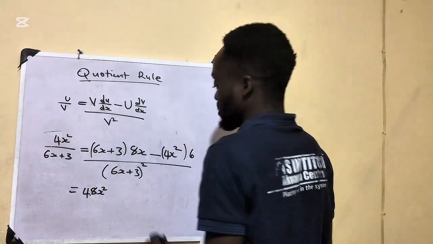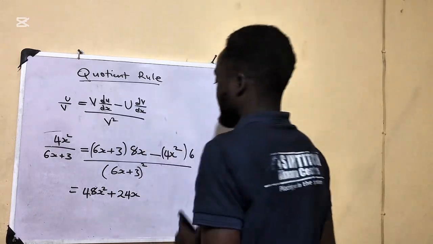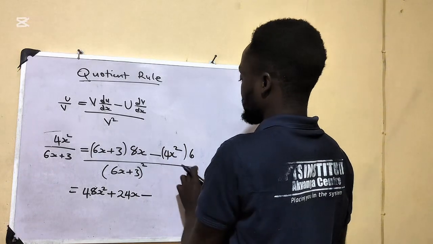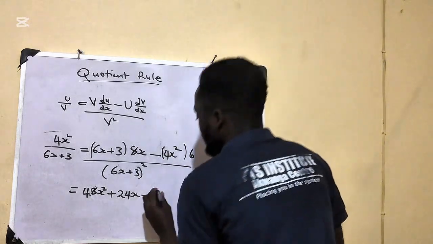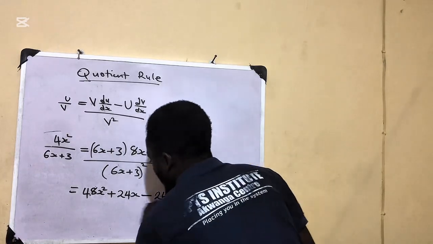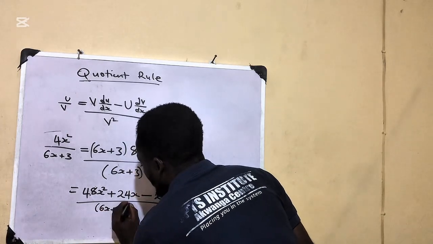That is going to give us 24x. Then we write minus. Now we have 4x squared multiplied by 6. That is also going to be 24x squared. Everything divided by 6x plus 3 squared.